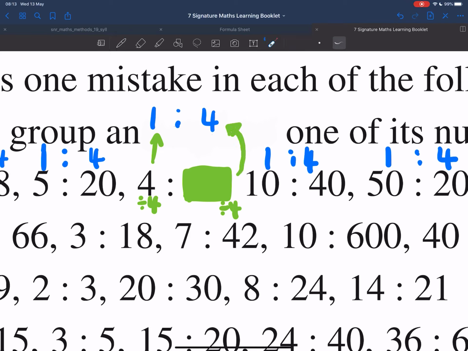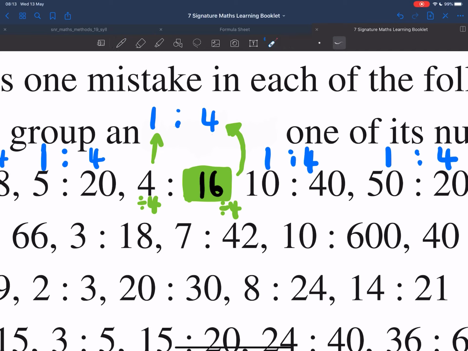Because whatever you do on one side of the ratio, you've got to do to the other. So I'm thinking, what number divided by 4 gives you 4? Well, it's 16. 16 divided by 4 will give you 4.